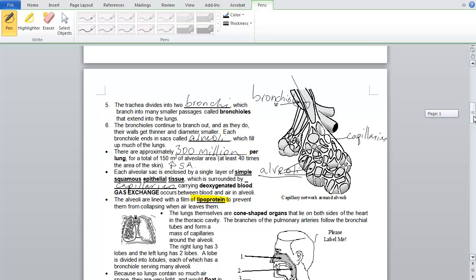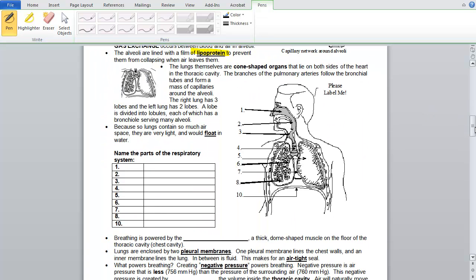So let's go down to the diagram and label that up quickly together before we end off on the first part. Reviewing the airway: number 1, the nasal cavity. Number 2, the back of the mouth or throat.